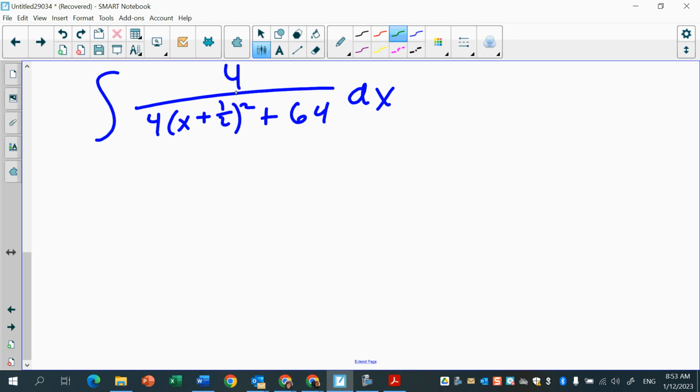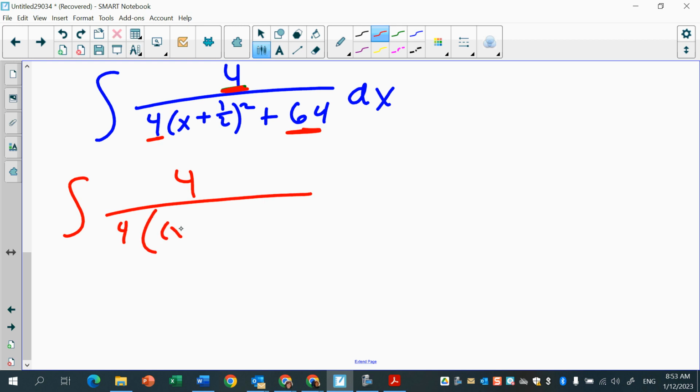Now these 3 pieces, I can factor a 4 out of the top and bottom. For those who are wondering, I'll factor a 4 out of the entire thing at the bottom. 64 divided by 4 is 16. Nope, 64 divided by 4 is not 16.